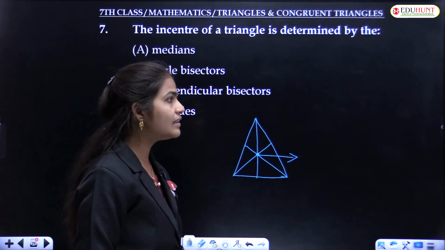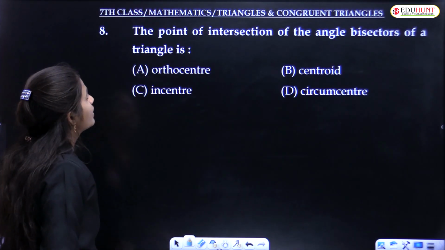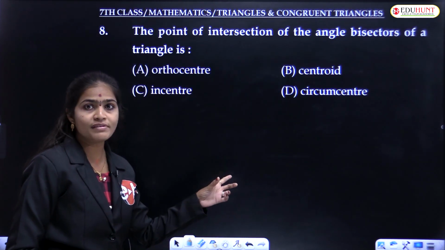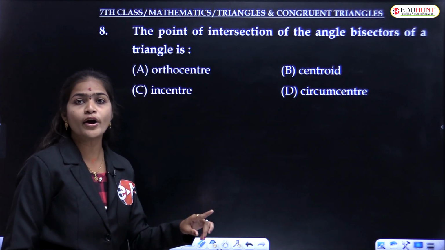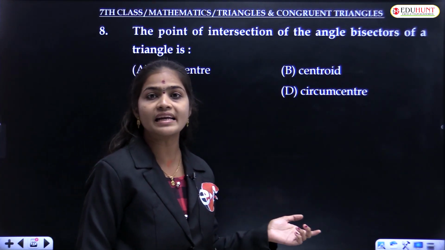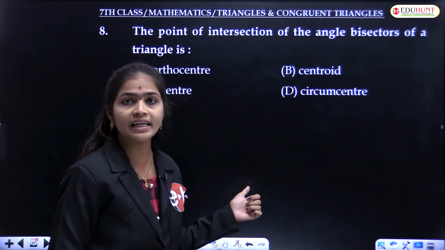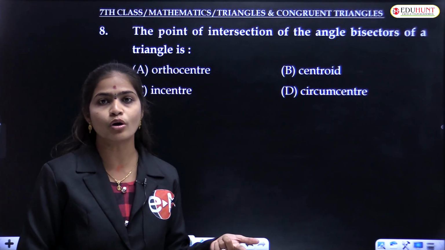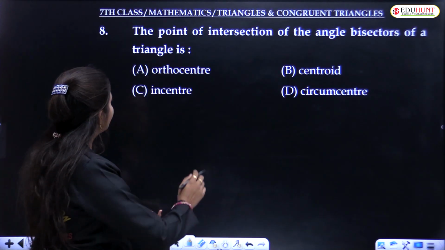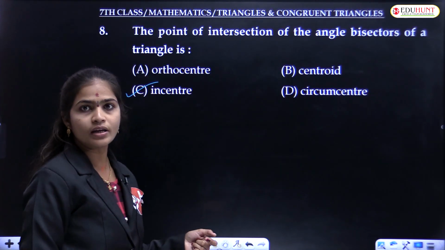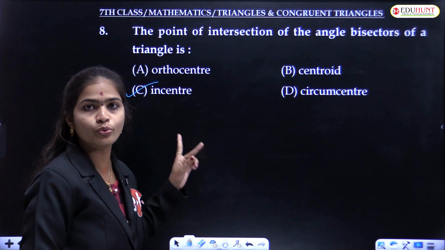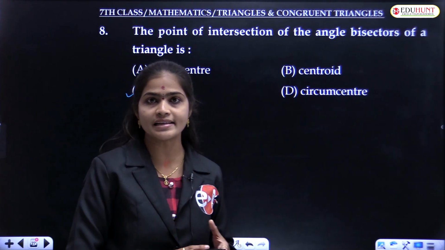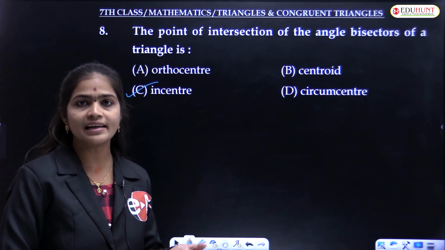Let us see the next question. The point of intersection of the angular bisectors of a triangle. In the previous question they asked which lines form the incenter, and that was angular bisectors. Here, when you take the three angular bisectors, their point of concurrence, what do we call that? Yes, that is the incenter. Children, the same question is given in two ways. First, the incenter is the point formed by which lines in a triangle?